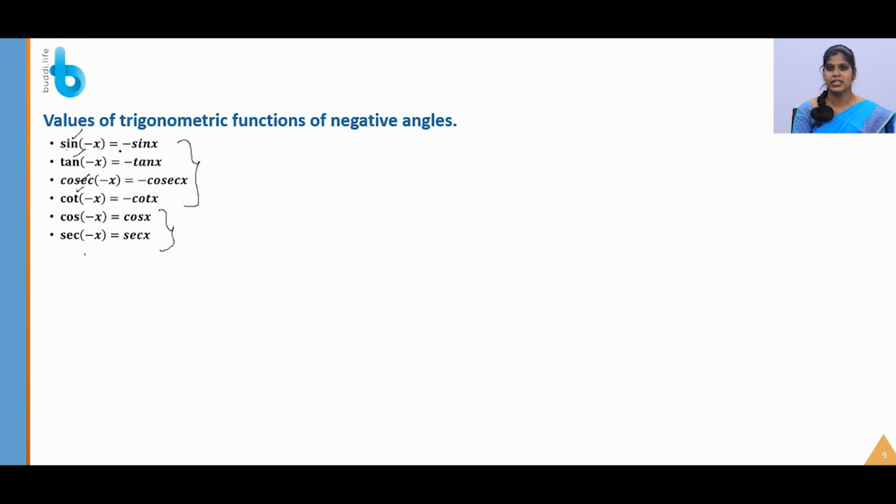So, once again I will repeat, for sine, tan, cosecant and cot, if the angle is negative, the value of the function will also be negative. But for cos and secant, if the angle is negative, the value of the function will not get a negative sign, it will remain the same only.